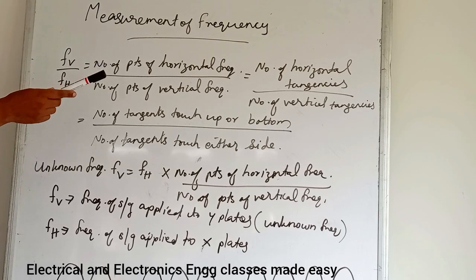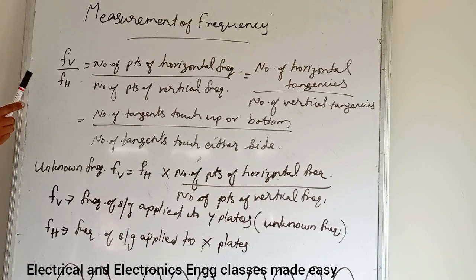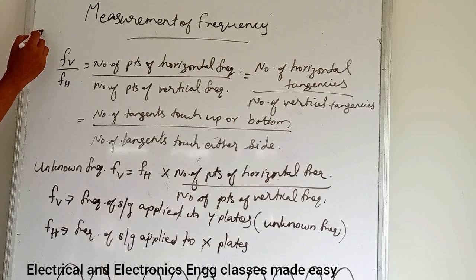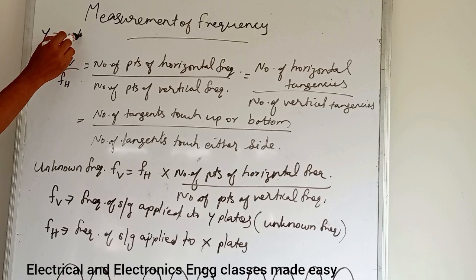Next is measurement of frequency. One of the quickest and most accurate methods of determining frequencies is by using Lissajous patterns. The unknown frequency signal to be measured is connected to the Y plates and the calibrated signal source is connected to the X plates.